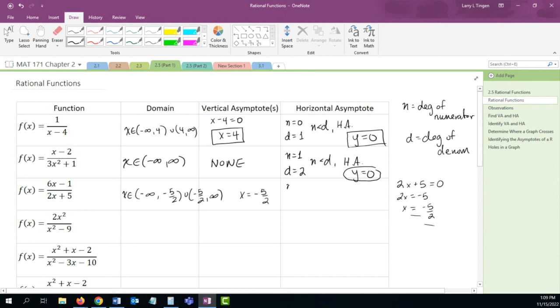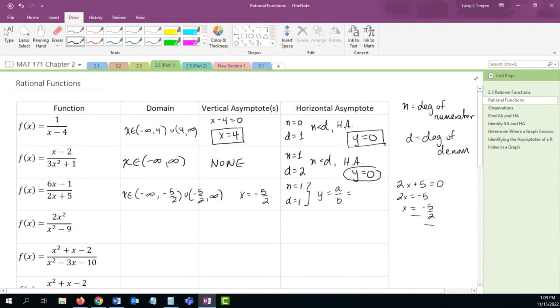Horizontal asymptote. The degree of the numerator is 1. The degree of the denominator is 1. So that means my horizontal asymptote is the ratio of the leading coefficients. When n is 1 and d is 1, then the horizontal asymptote is y equals a over b.